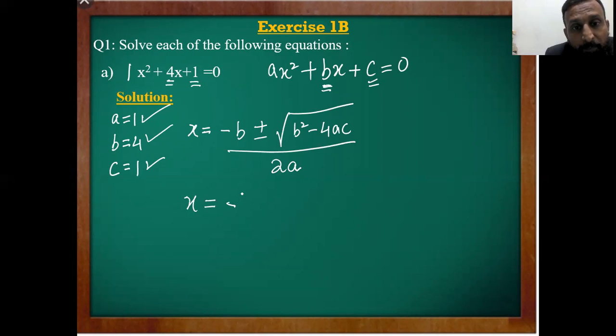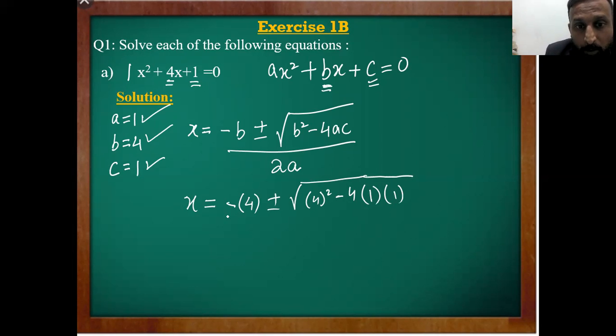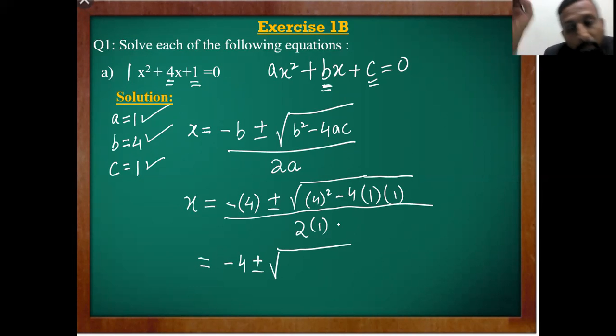Negative, the value of b is 4, plus minus square root of b squared, so 4 squared minus 4, the value of a is 1 and the value of c is also 1, whole upon 2 multiplied by 1. Open up the brackets: negative 4 plus minus under root, 4 squared is 16 minus 4 multiplied by 1 is 4, whole upon 2 ones are 2.